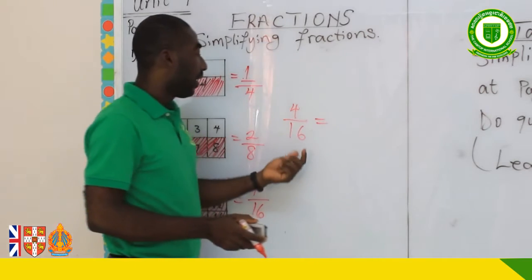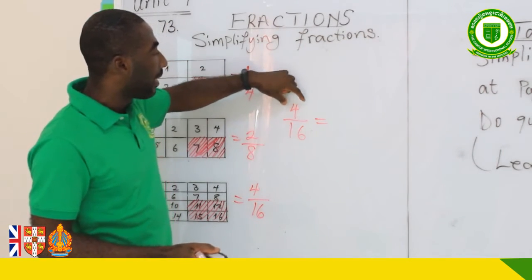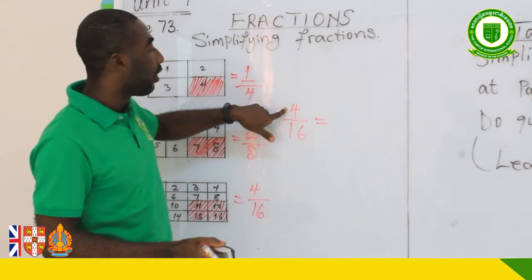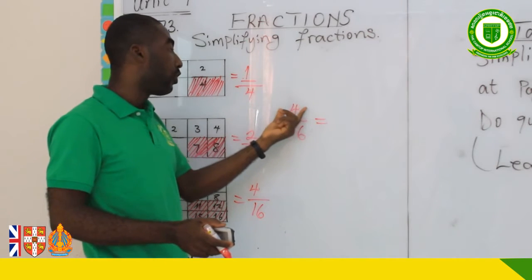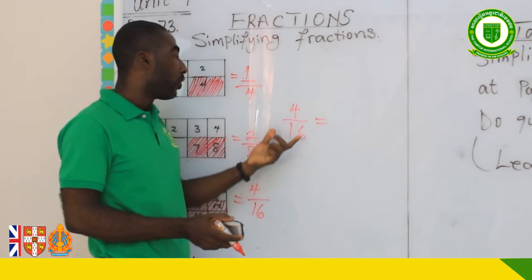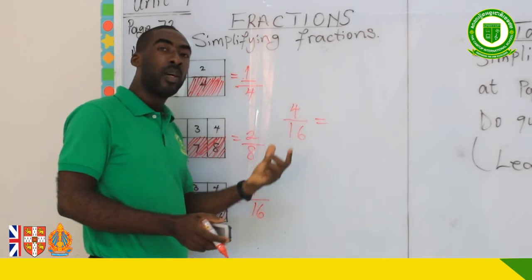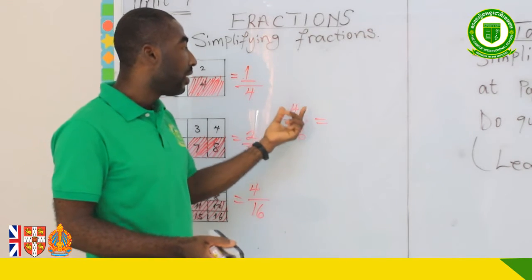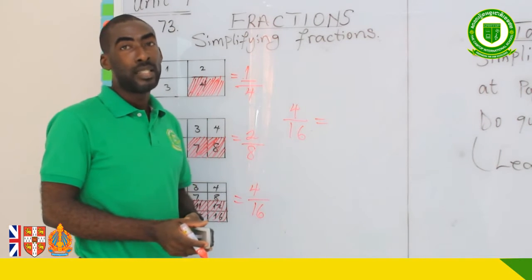First of all, you have to identify a number that can divide the denominator and the numerator. So first, you have 4 as your numerator, and then you have 16 as your denominator. So what number can possibly divide both? On the simplest note, we can say that 2 can divide 4, and 2 can as well divide 16.